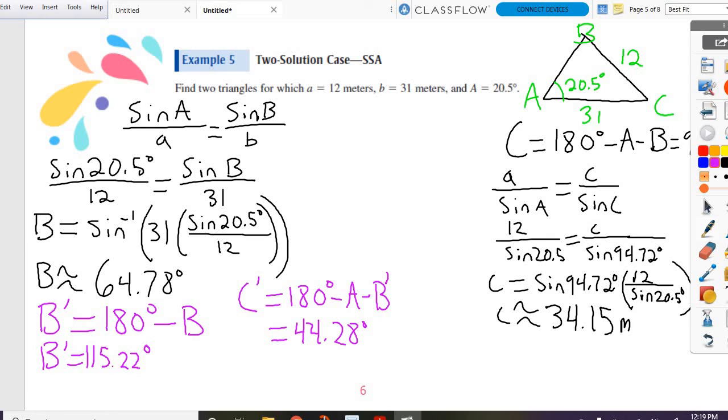But notice, because my a's were my givens, that part's not going to change. The only part that's going to change is what I plug in for my big C. So instead of the 94.27, we're going to use the 44.28.